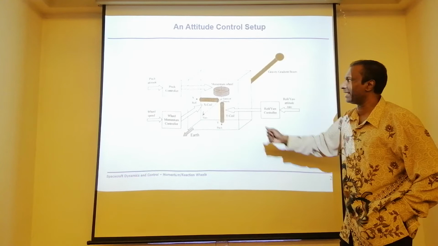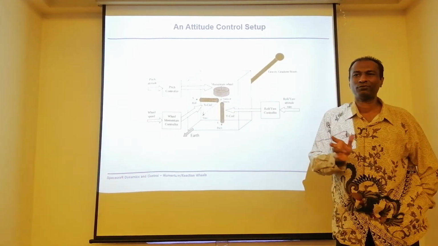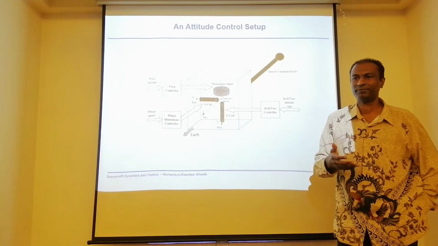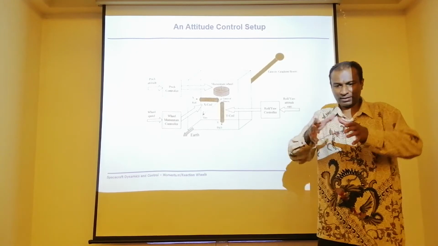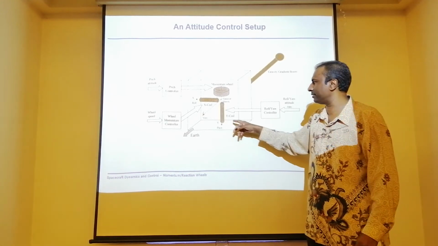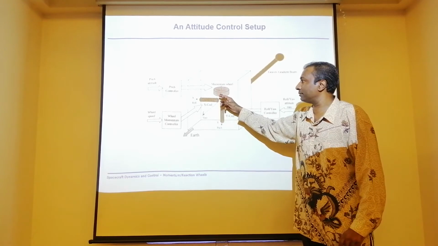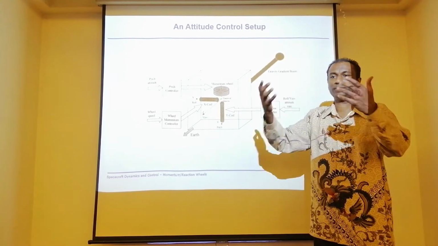Why do I need this? Because the momentum wheel can only provide passive control, that means the gyroscopic stiffness only. That means the nutation is still high. It will nutate. So in order to dampen that, you provide this. Don't forget, another problem that we have is the momentum wheel will start building up speed.